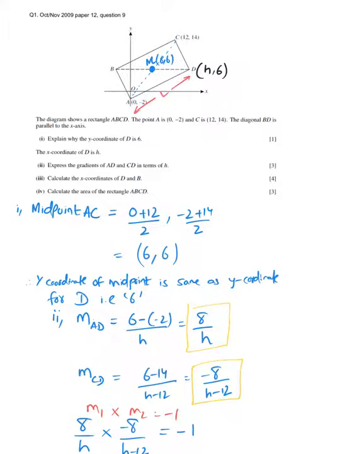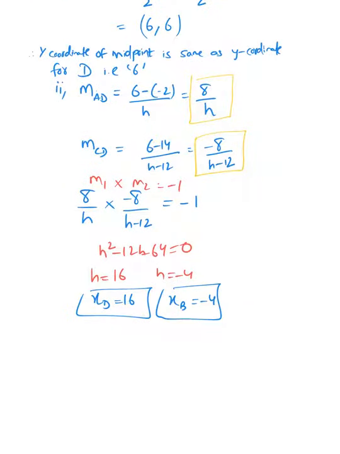In order to calculate the length, you have to use the distance formula for AD, and the distance AD can be calculated using this distance formula, which is, let me write it over here.